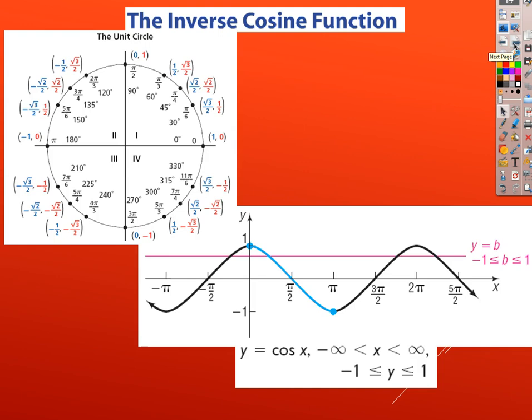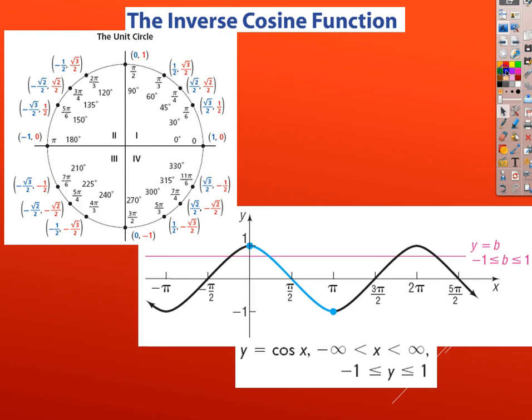Okay. So again, the math people had the same problem I have with sine. If I just switch the x's and y's, it's not going to make a function. So where am I going to restrict my domain of cosine so that I hit every y value of cosine?